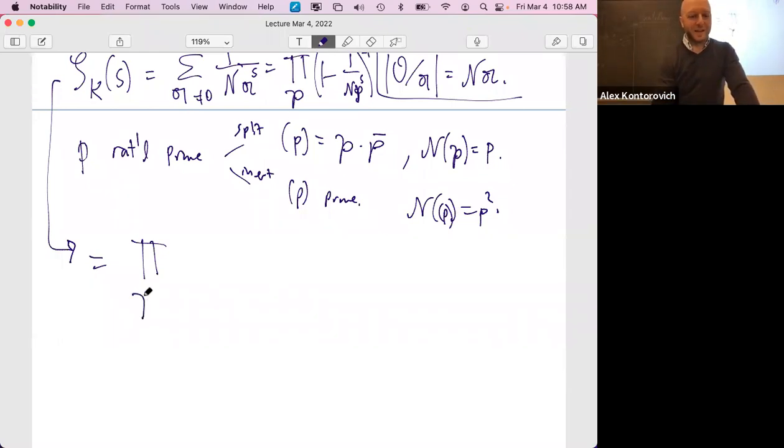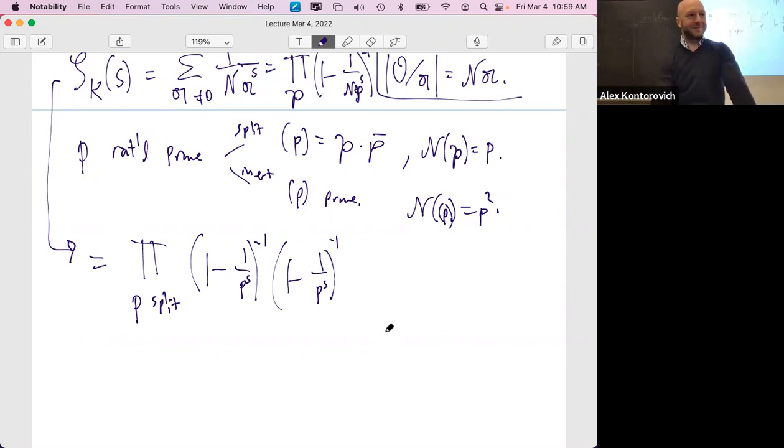Let's say it's a product over p's that split. If they split into 2 factors, each of the factors has norm just p, so this is 1 over p to the s, squared. And then for the ones that are inert, you get 1 minus 1 over p squared to the s, inverse.